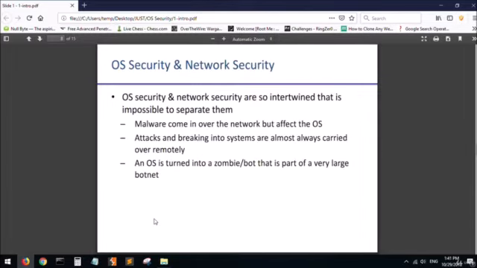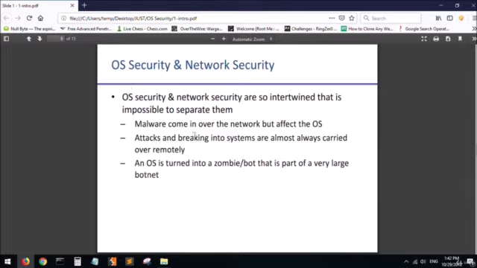Now, OS security and network security. OS security is something, and network security is something, but they are intertwined. It is impossible to separate them. Malware comes in over the network. Of course, if I want to send malware to someone, I will use the network. But how will I run or execute this malware? By the OS. So this is the relationship between OS and network security.